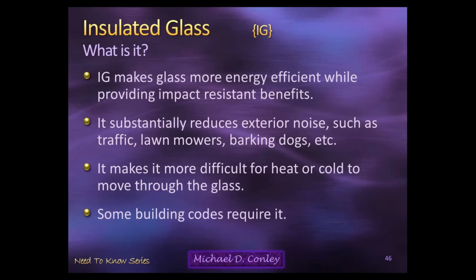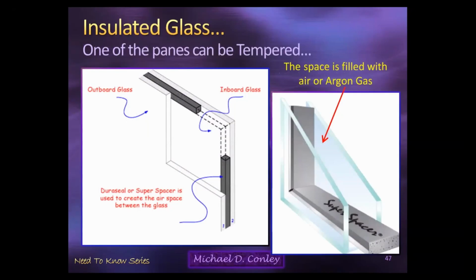Not many, but some do, because of its expense mostly. Here's an example of insulated glass where you have an inner pane and outer pane. In the middle is usually going to be either air or argon gas, depending on what the function is. And this gasket right here is what's going to cause the space between the two panes. The brand name is called Duraseal, or super spacer is another word for it. And that's what creates the airspace.